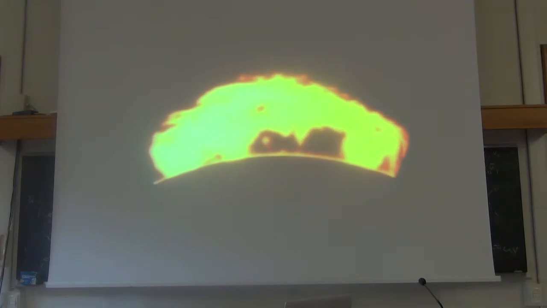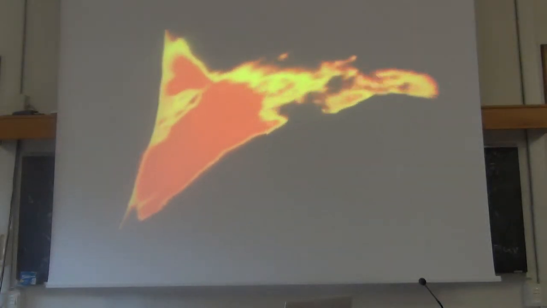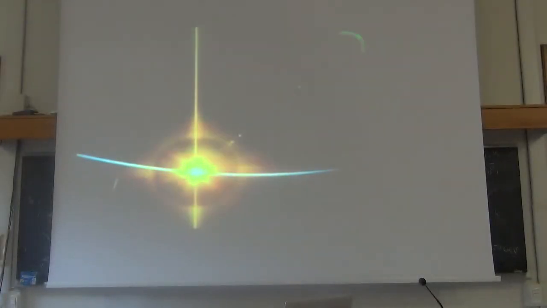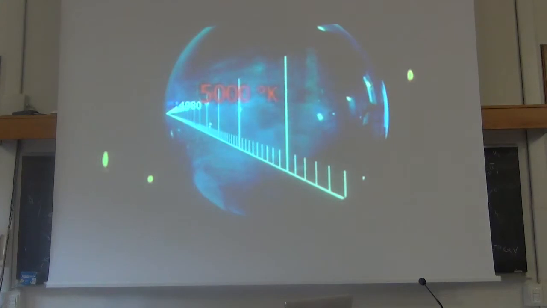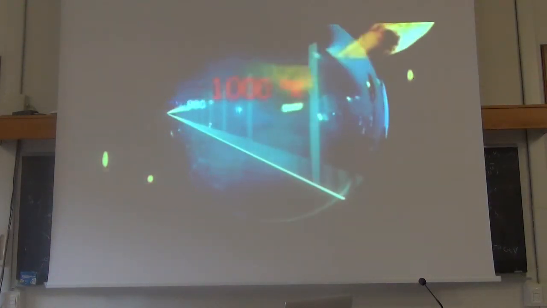So for that reason, we observe in nature many, many phenomena, starting from the temperature of the sun. How much is it? How much? 5,000 Kelvin.